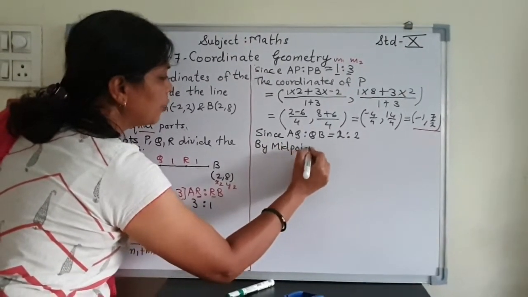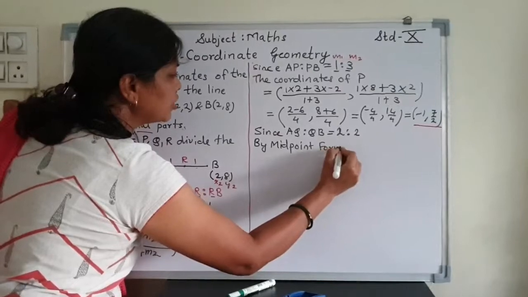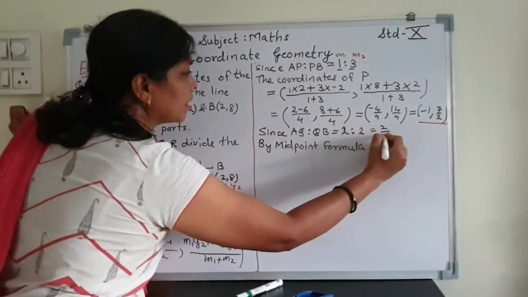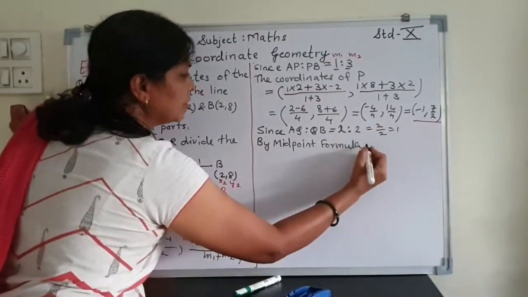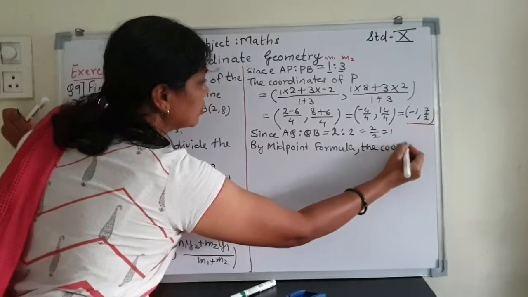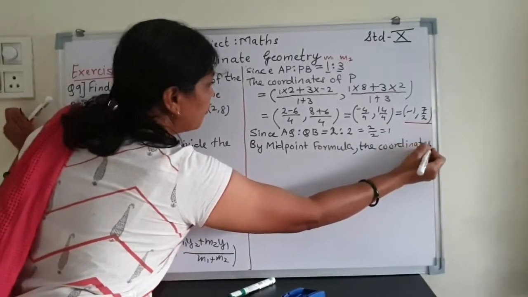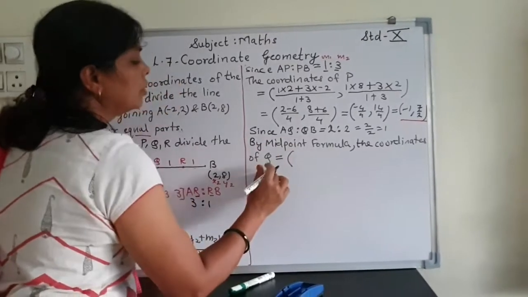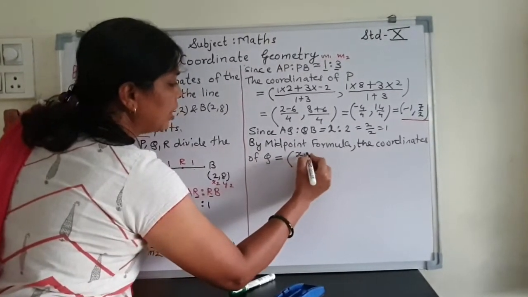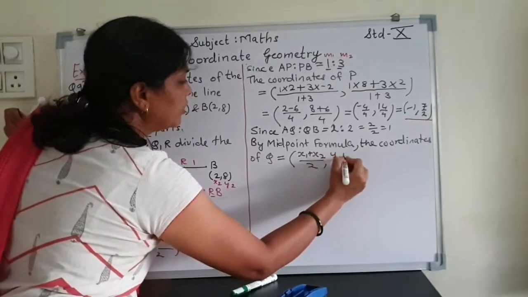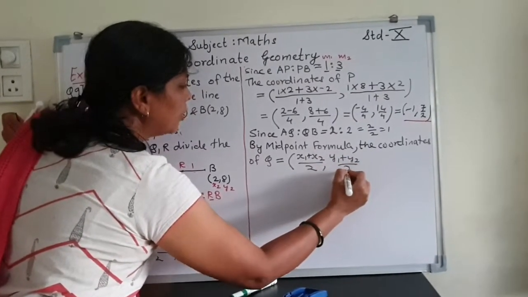We can use the midpoint formula here because, see, the ratio gives us answer 1. 2 upon 2 gives us 1. So by the midpoint formula, the coordinates of Q are x1 plus x2 upon 2, y1 plus y2 upon 2.